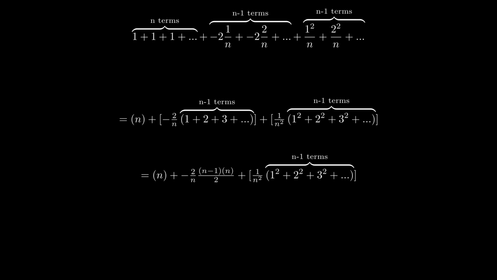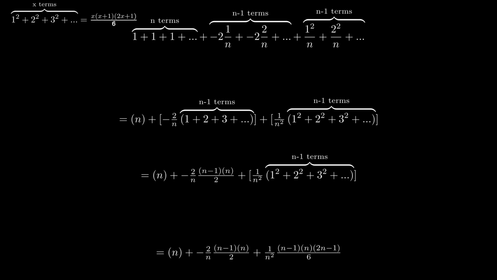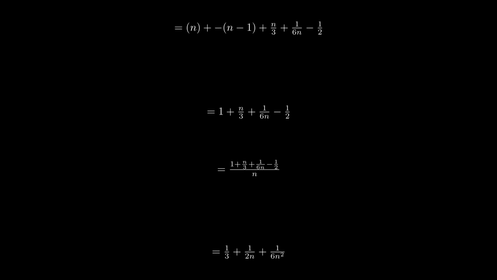Second is the 1 squared plus 2 squared plus 3 squared plus dot dot dot. We also have a formula for that, and we can substitute n minus 1 to get (n minus 1) times n times (2n minus 1) all over 6. Now we just have to simplify and also return the 1 over n factor to get this expression.